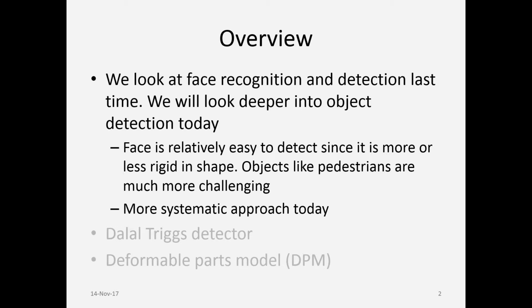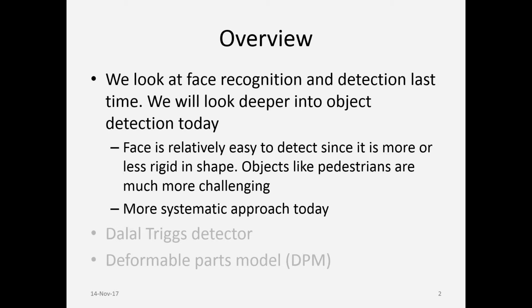Roughly speaking, recognizing even a pedestrian is much more challenging, because you can have many more different poses and also colors. Everyone wears different color shirts and so on. And of course, if we're trying to detect animals, they have many more different poses, right? So we'll look a little bit more at object detection.